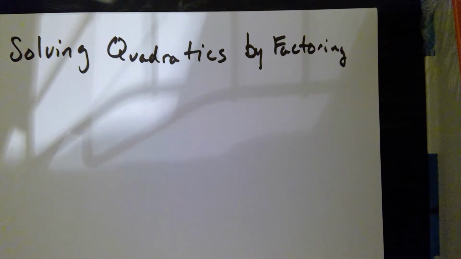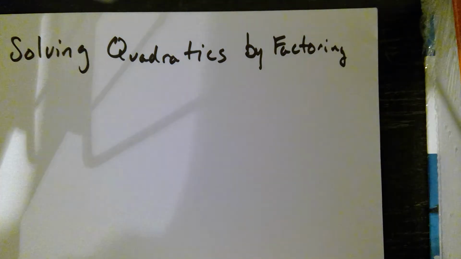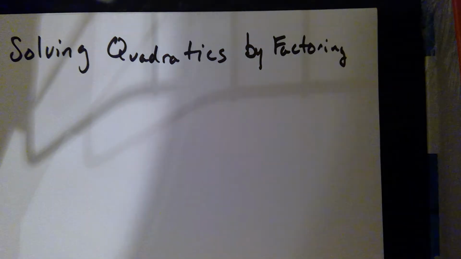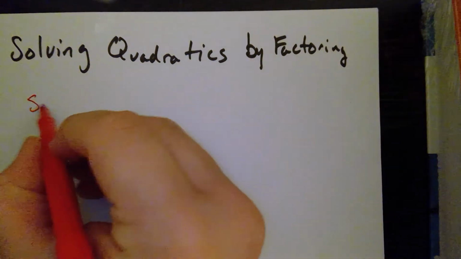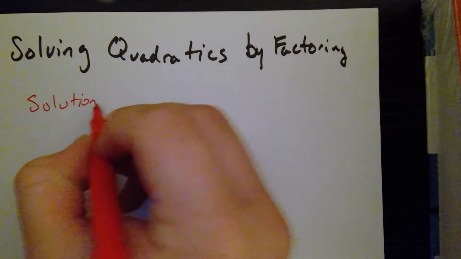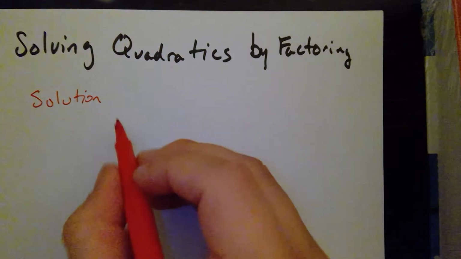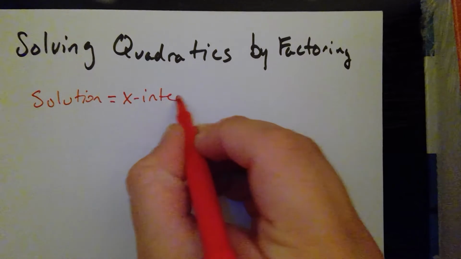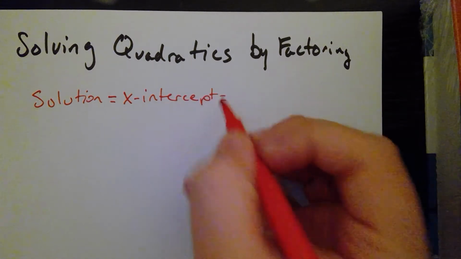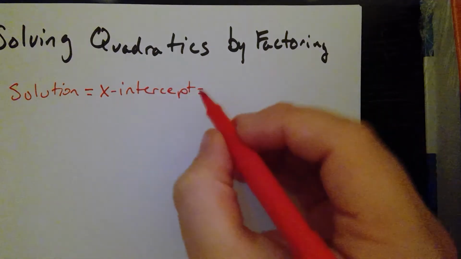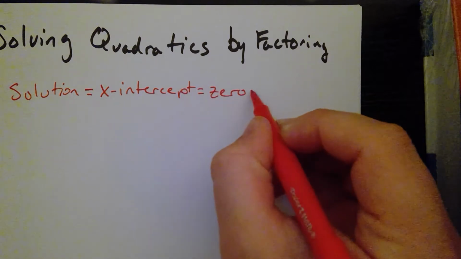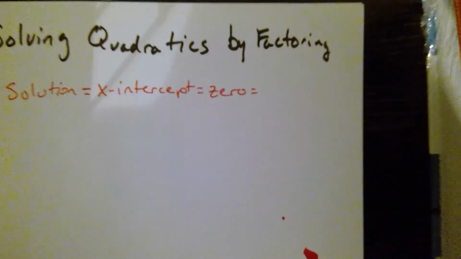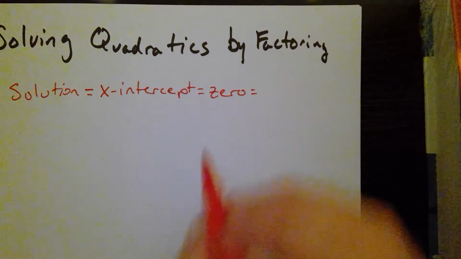So first off, we need to talk about solutions. Okay, so we've talked about solutions in class. A solution to a quadratic is also called an x-intercept, is also called a zero, and is also called a root.